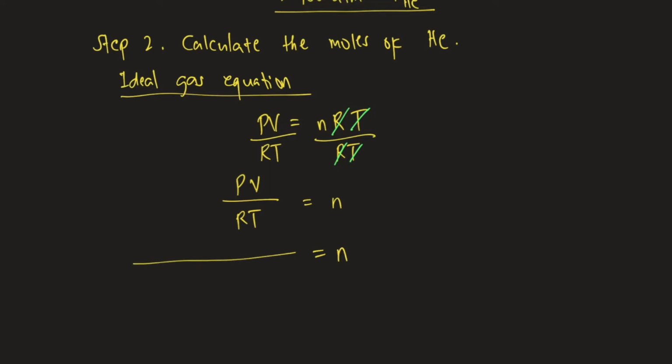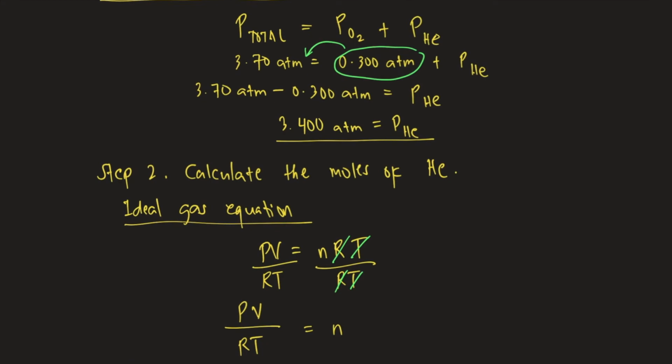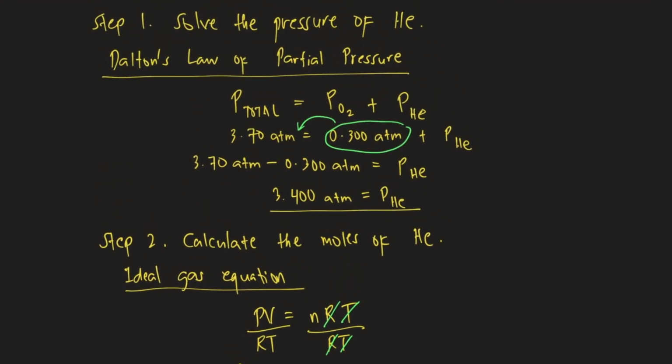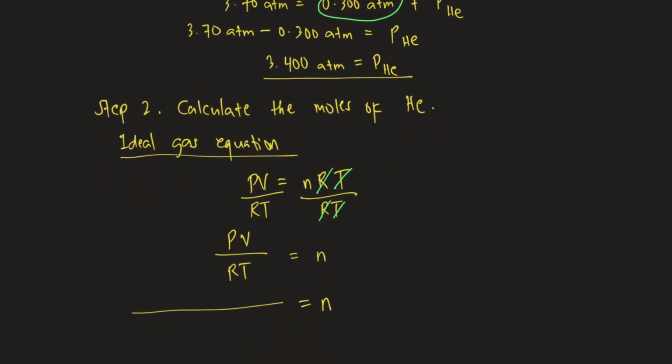According to the problem, the pressure, we solved for the pressure of helium in step 1, that is 3.400 atm. So again, we are solving here for the moles of helium, so n of helium. Therefore, we will be using the pressure of helium. So the pressure of helium again is 3.400 atm times V, the volume in liters.